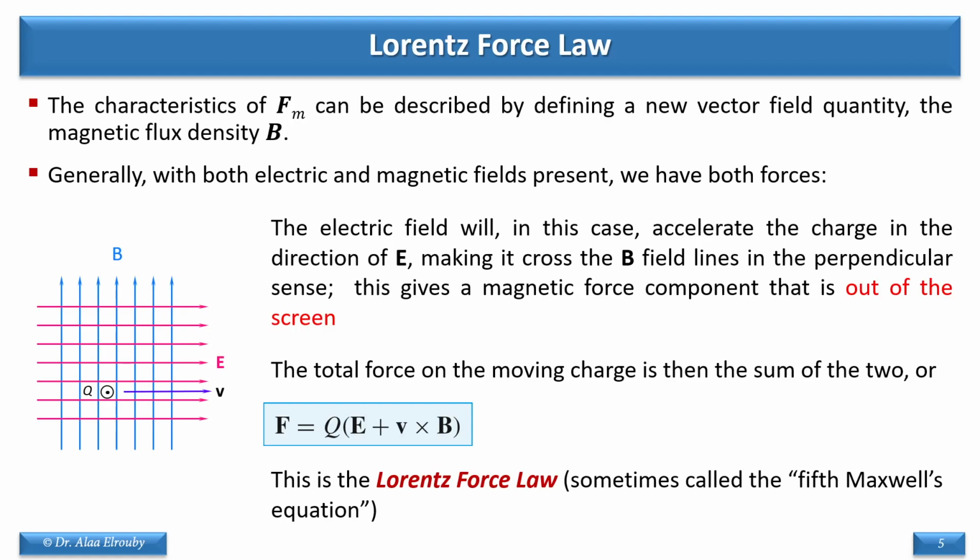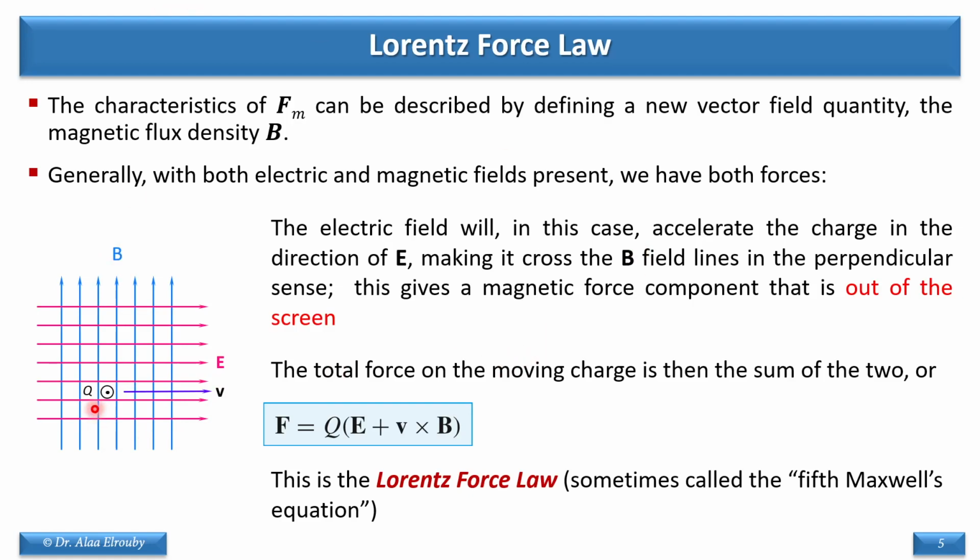The characteristic of the magnetic force can be described from this situation here, where let us assume that we have a charge at rest, and then we apply perpendicular electric and magnetic fields. The electric field will exert some force on the charge Q that causes the charge to move along this line, which is perpendicular to the magnetic field.